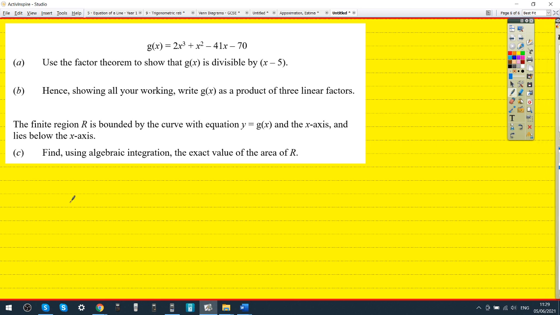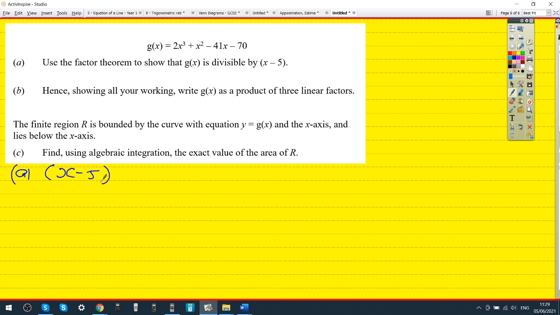Any idea how we do these? Do we want to make it like 2 brackets, x minus 5 cubed? No, that's a long division. It says use the factor theorem.